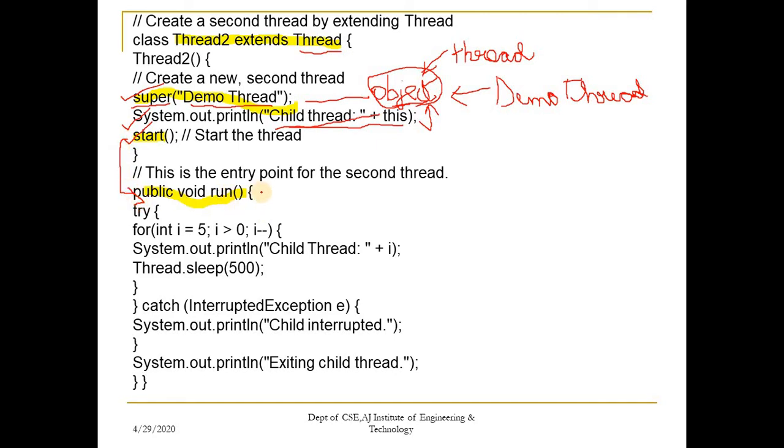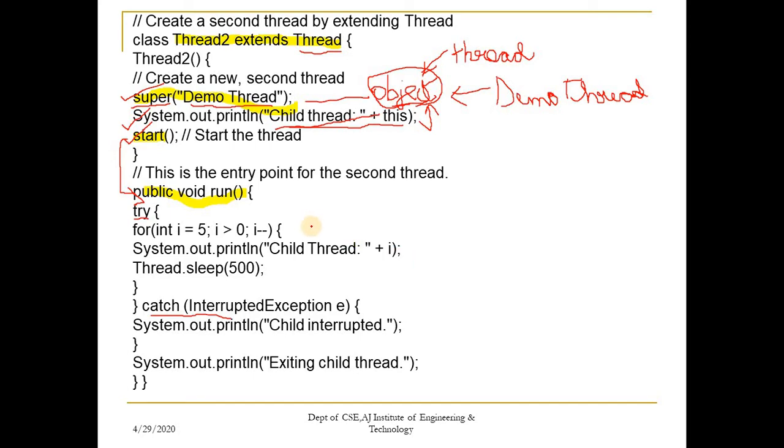Now within the run method we have defined what task that thread is supposed to perform. So here we have the try block and the catch block. What this child thread will do is display the values of i from 5 to 1: 5, 4, 3, 2, 1.